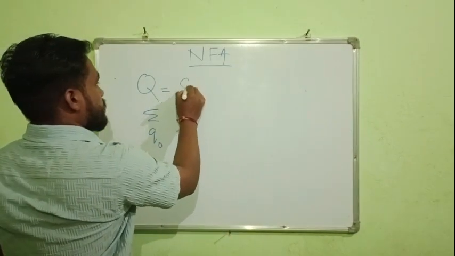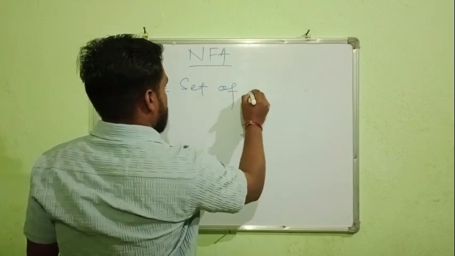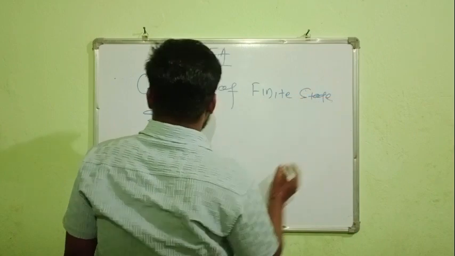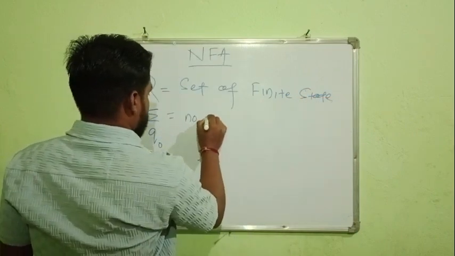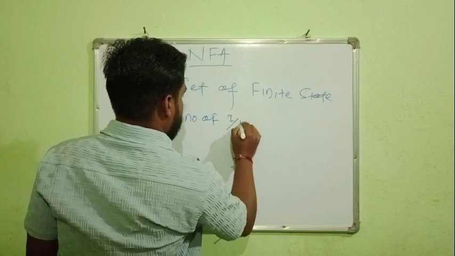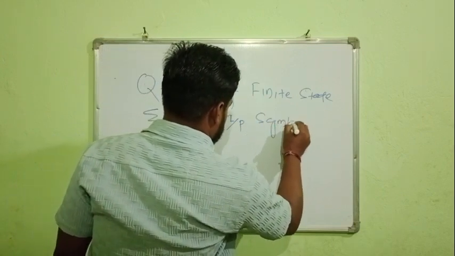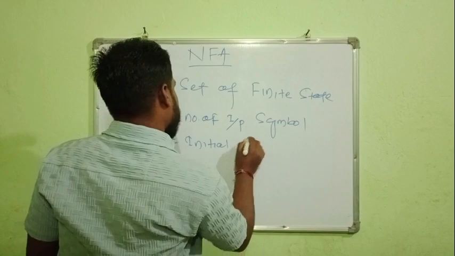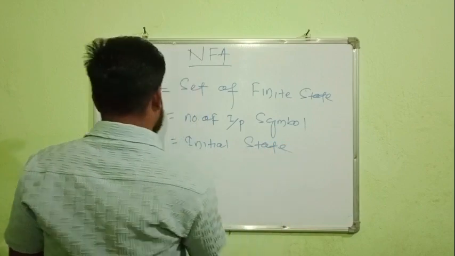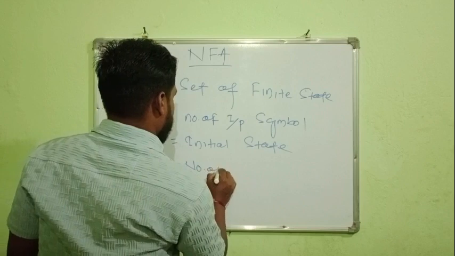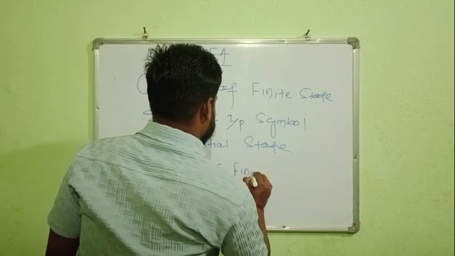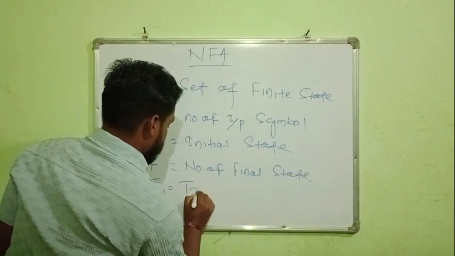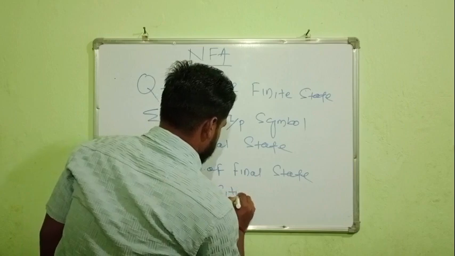Capital Q is the set of finite states. Sigma is the set of input symbols. Q0 is the initial state. F is the set of final states. Delta represents the transition function.